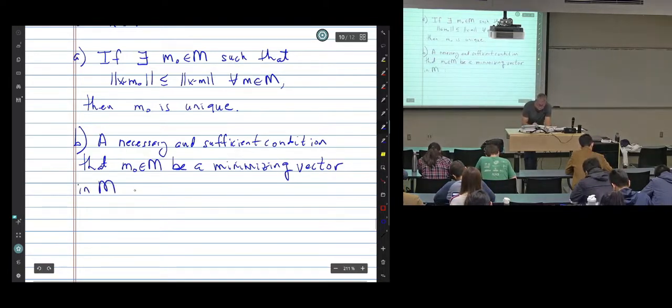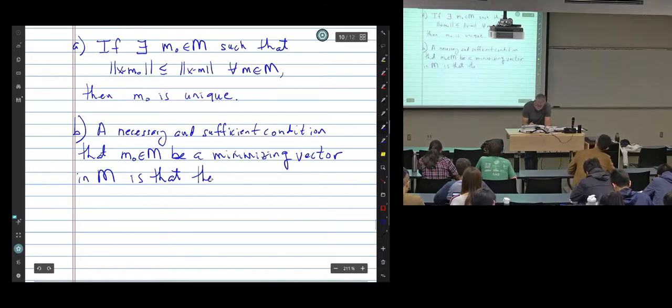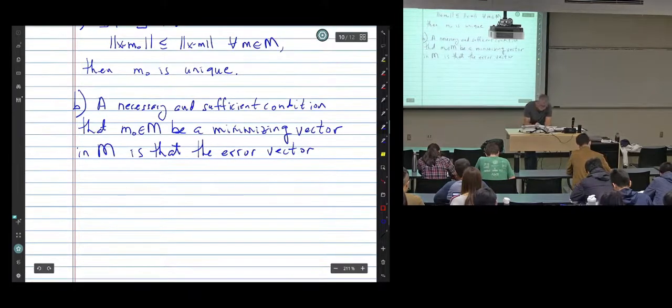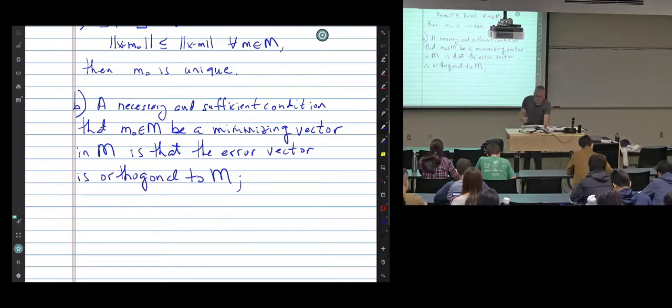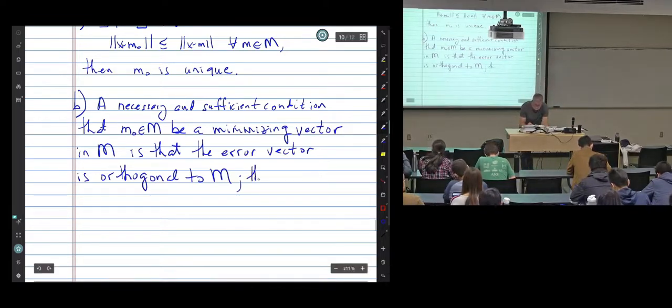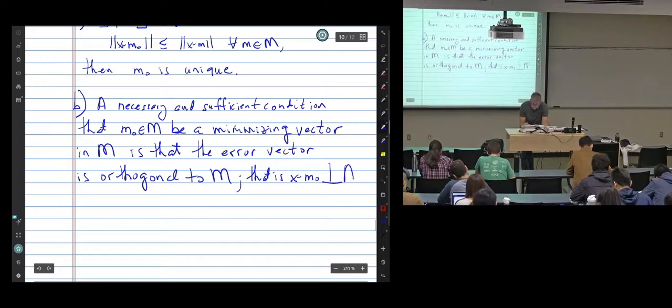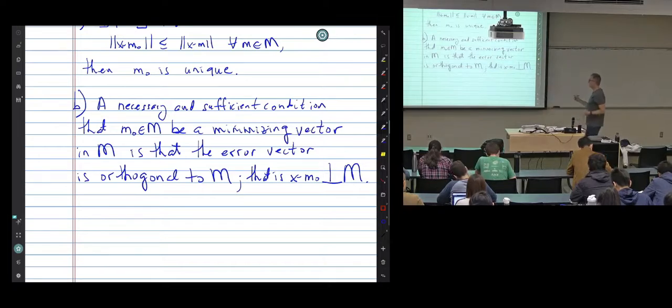In M is that the error vector is orthogonal to M. Okay, I'll write down the formula, but that is x minus M0 orthogonal to M.